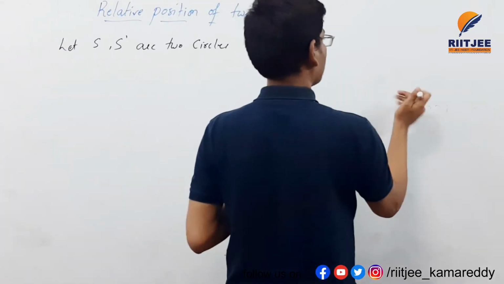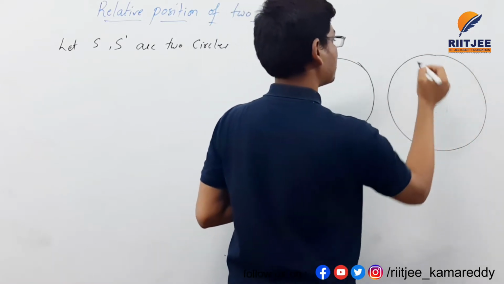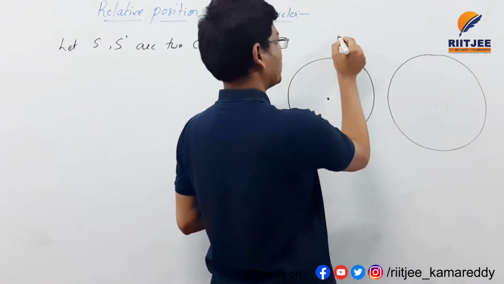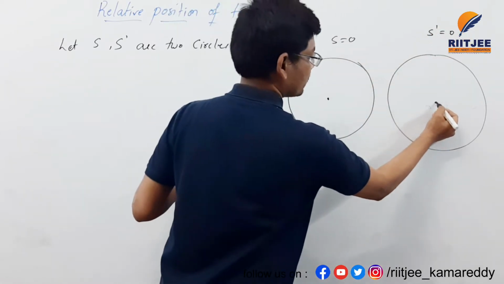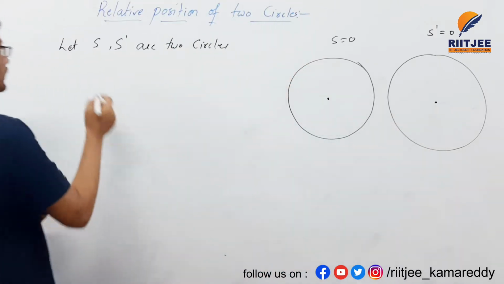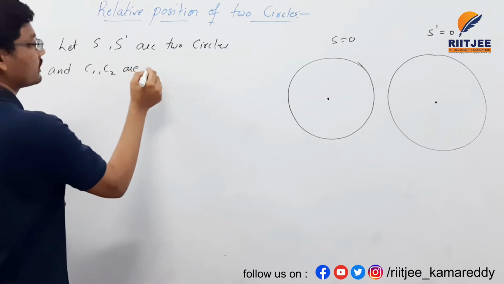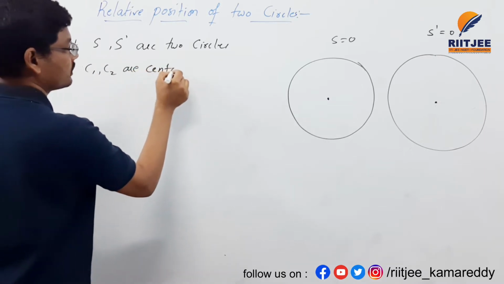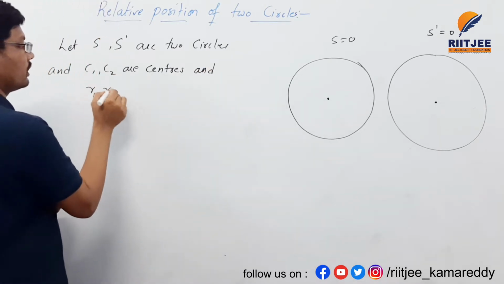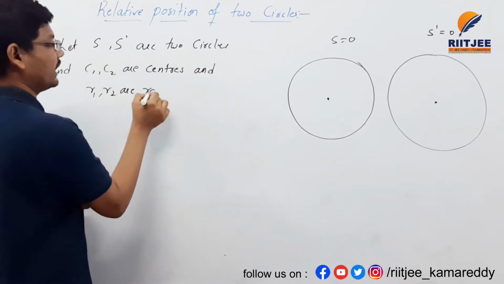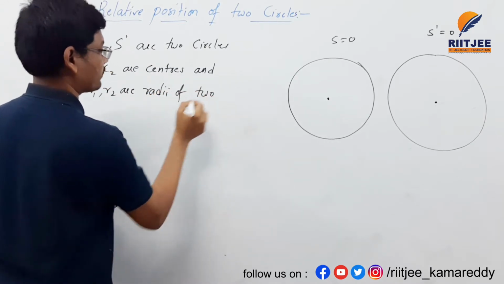Let S, S dash, this is S and this is S dash, this S is equal 0 and S dash is equal 0, and for this having two centers, C1, C2 are centers, and R1, R2 are radii of two circles respectively.